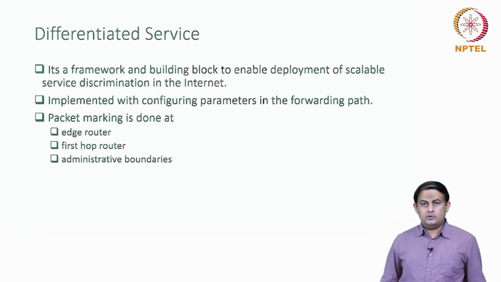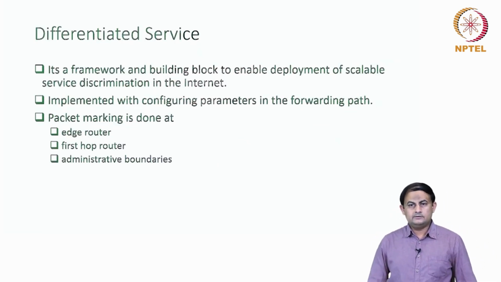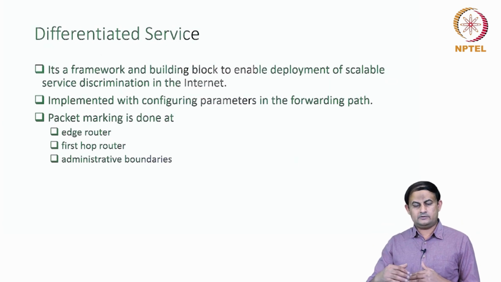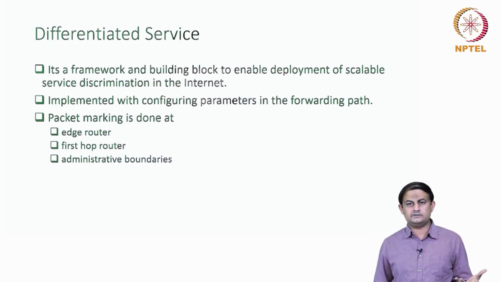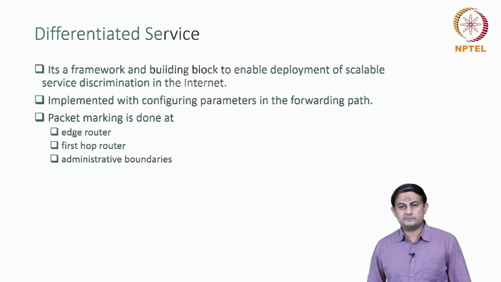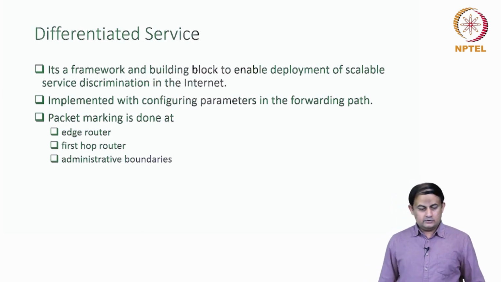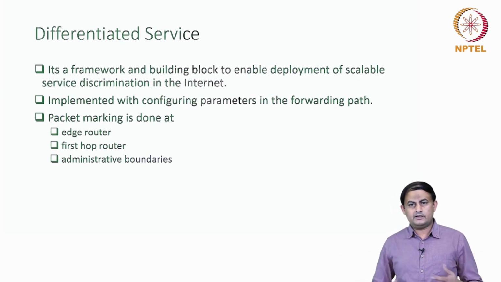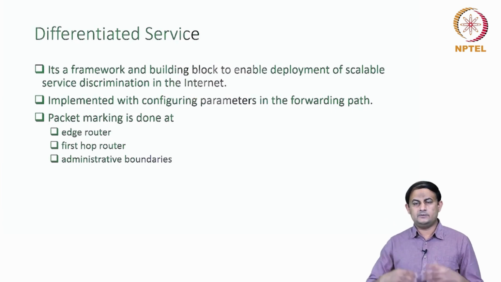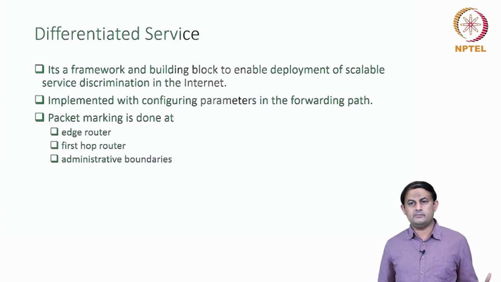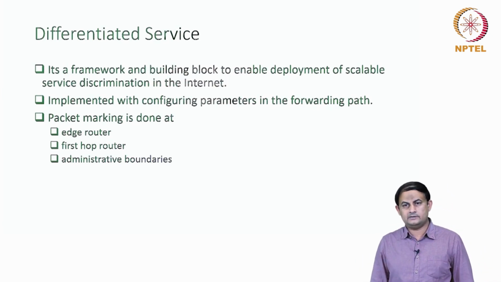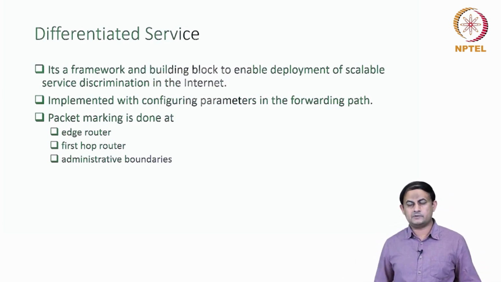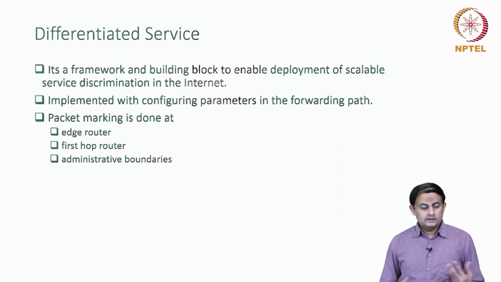Using that model of the service level agreement, differentiated service actually took off, and real implementations came into the service provider networks. Differentiated service defined a framework, a kind of building block, with which you can realize this differentiated service or quality of service in the internet.